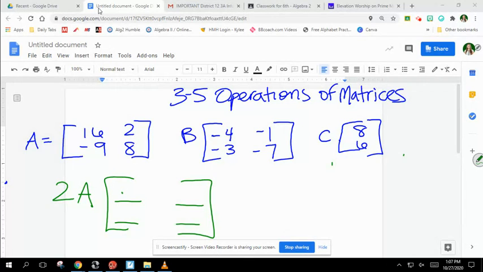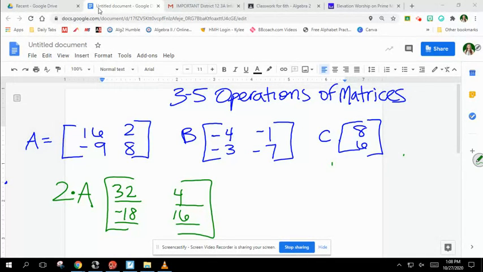Okay, not square it. There's a 2 multiplied. So times it. 16 times 2, 32. -9 times 2, 2 times 2, and 8 times 2. Okay, so multiply every section and multiply each corresponding part by whatever the scale factor is.